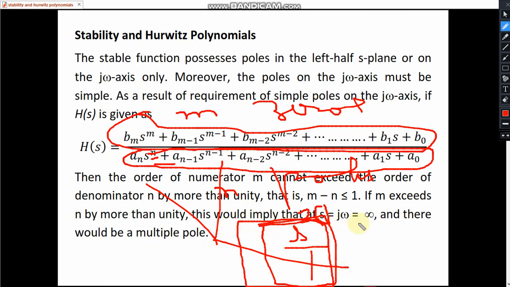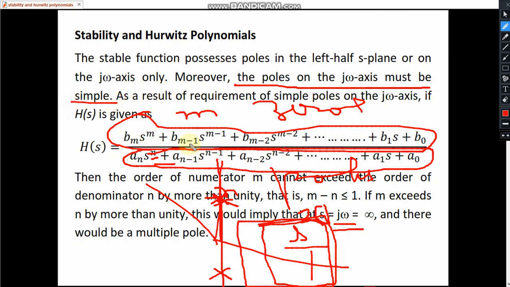We can also consider them to be located on the j omega axis, and if there are poles on the j omega axis at infinity, suppose this distance from here to here is infinity, and if there are more than two poles at the same location, at s equals j omega equals infinity, more than one pole will be there. Because of this requirement, the poles on the j omega axis must be simple.